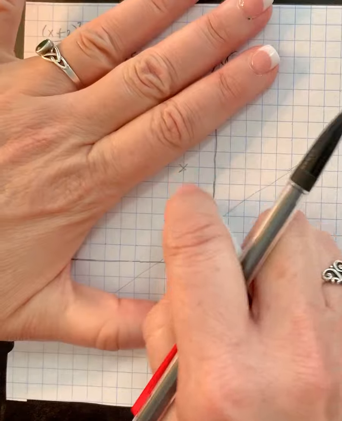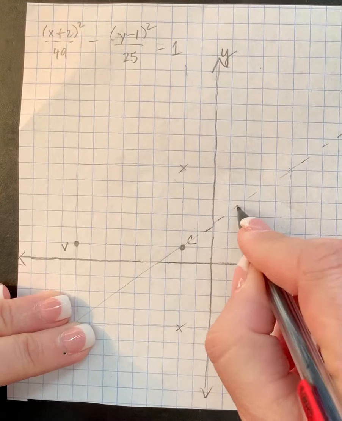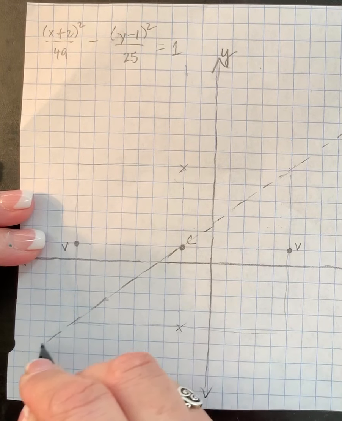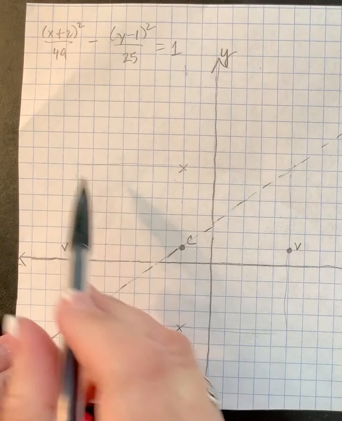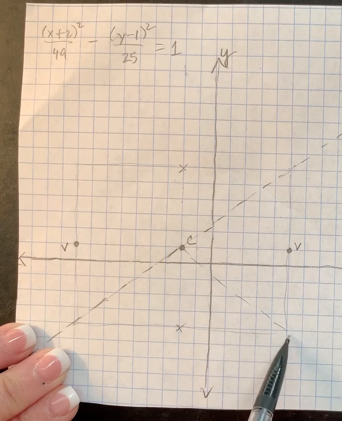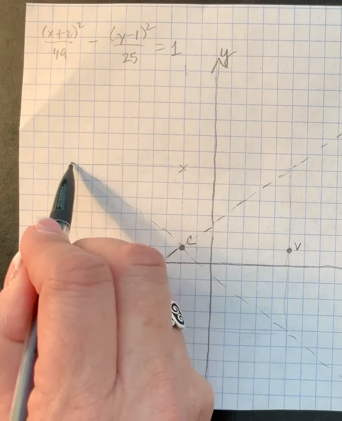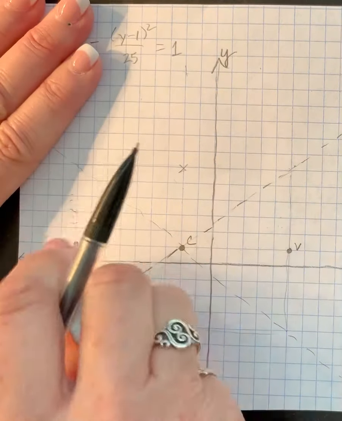All right. Okay, and it goes this way. Remember, it is supposed to be a dashed line. Okay, and then you got the other one going through here. Okay, and then we don't need the rectangle.